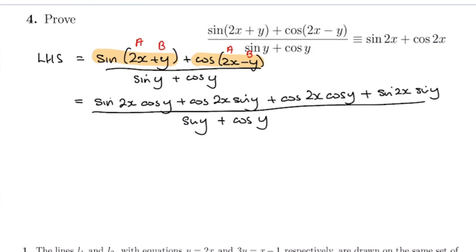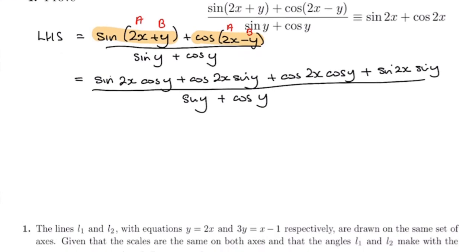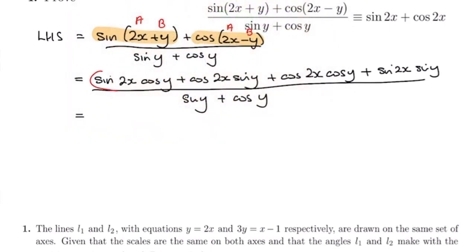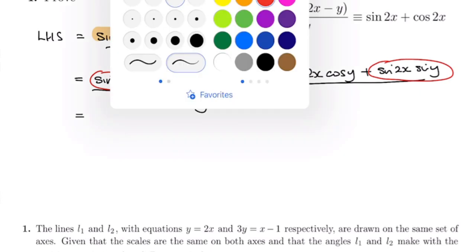Now, if you notice on the bottom we've got sine y plus cos y, so it might be a good idea to pull out a common factor. Might be a good idea if we get the same terms together. So I'll just do it in red, I'm going to pull these terms together on the top.